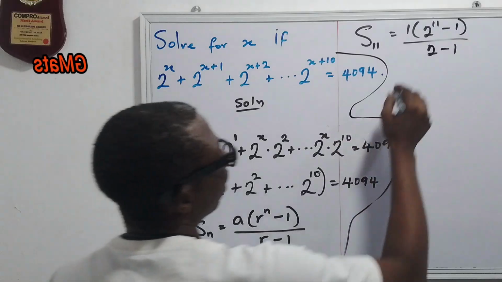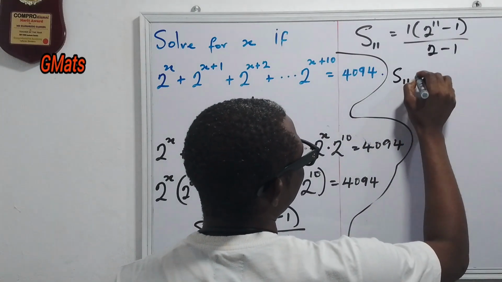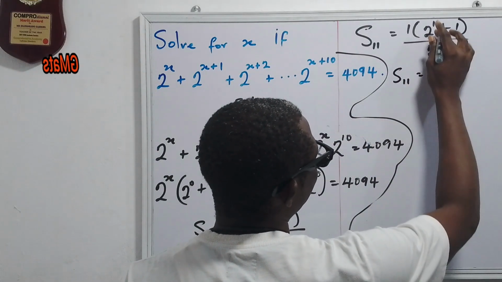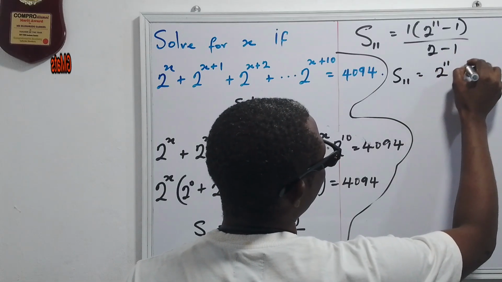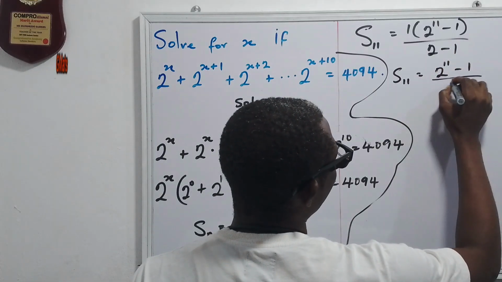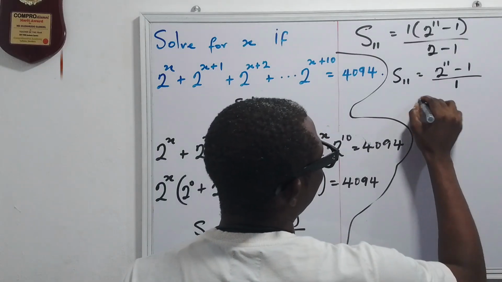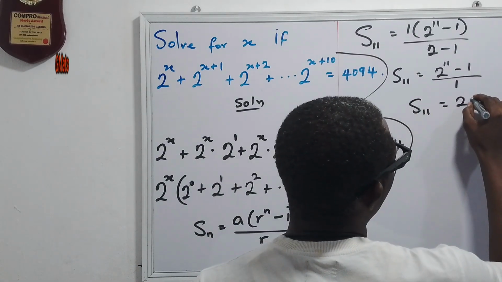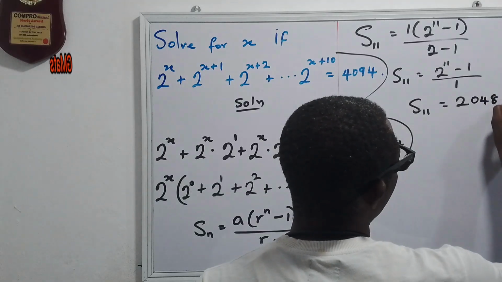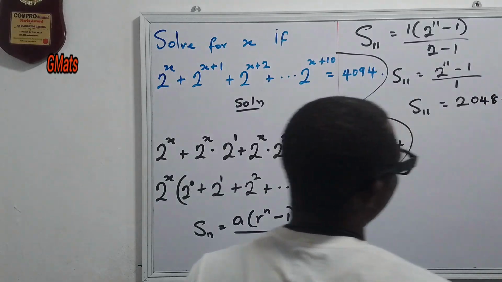Okay, so we have S11 is 2 raised to the power of 11 minus 1, everything over 1, and S11 equals 2048 minus 1. So that's what we have.